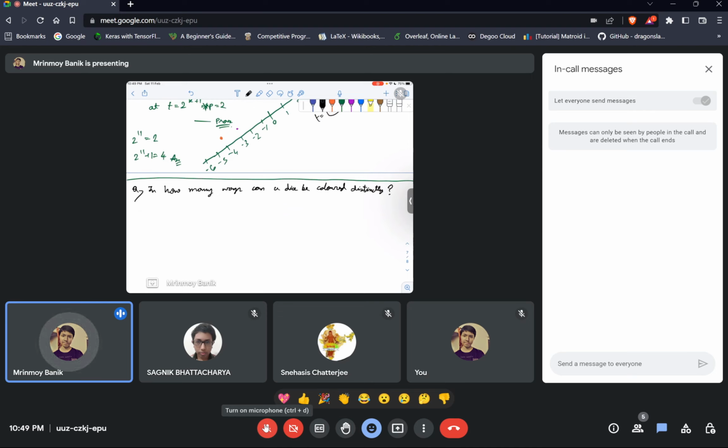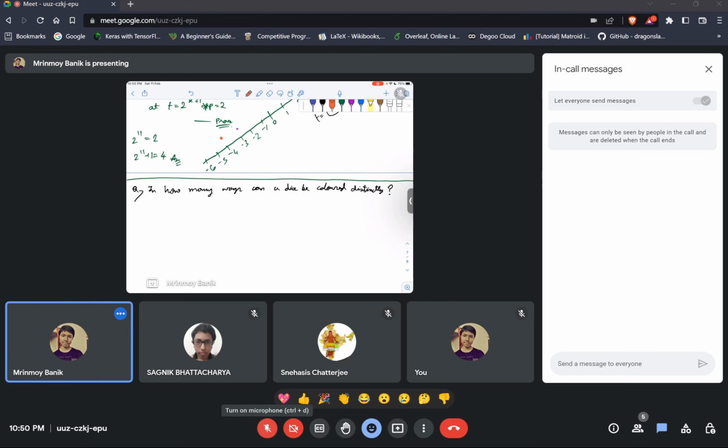So what's meant by distinctly here? It means if you take two possible colorings of the die, and if you cannot, by any allowed physical rotation, translation, or transposition, equate the two dice or superimpose one onto the other, then those two colorings are considered distinct.